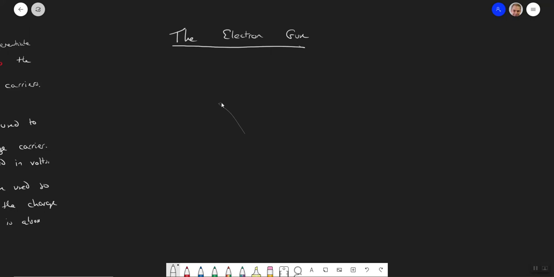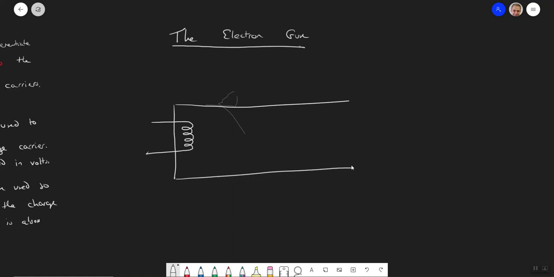So what we can create is an electron gun made out of the following components. And this is the heart of old style TVs. If you've ever wondered what the big giant TVs that we used to have looked like, they are basically made out of this. And then we have a positive plate.